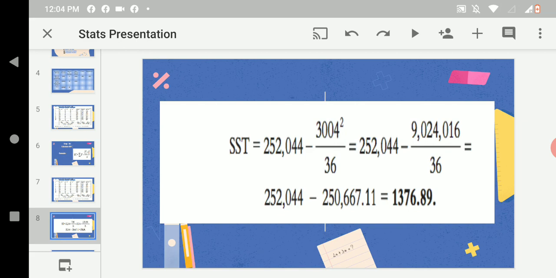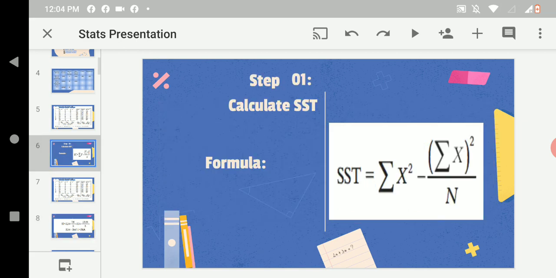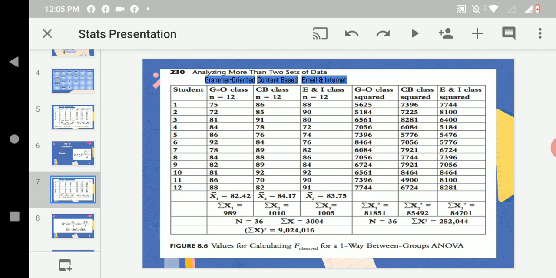So we have the 252,044. Now we have to again substitute the value of summation of x. So where is the summation of x? The summation of x is the total number or the summation of all the grades.